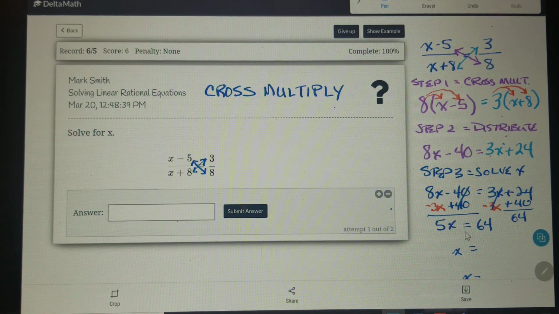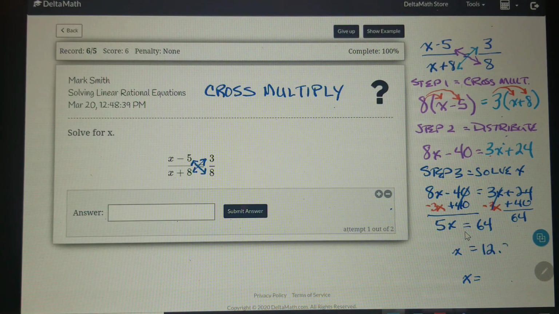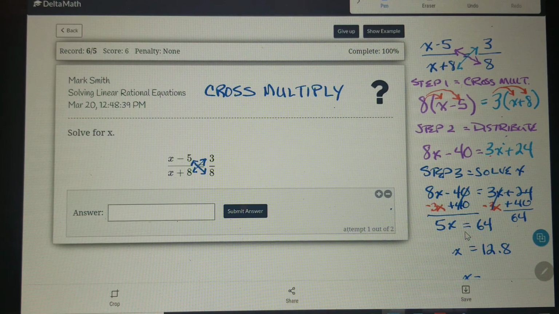I can't use the calculator here, so I'm going to use my calculator. 64 divided by 5, and that gives me 12.8. So the answer is 12.8. So I'm going to put the 12.8 in my answer section there.